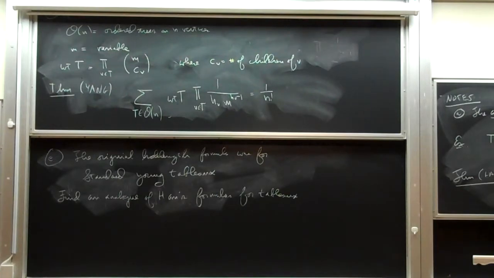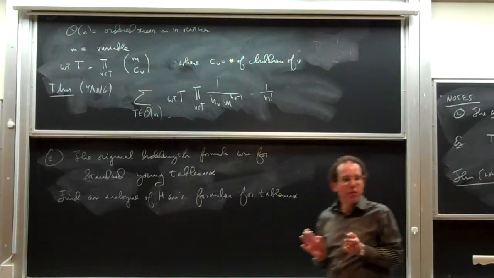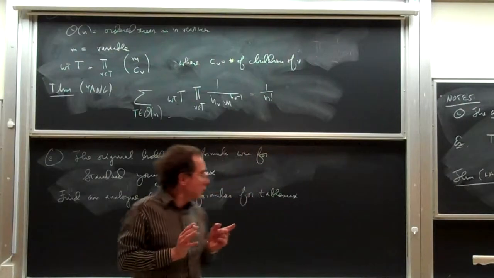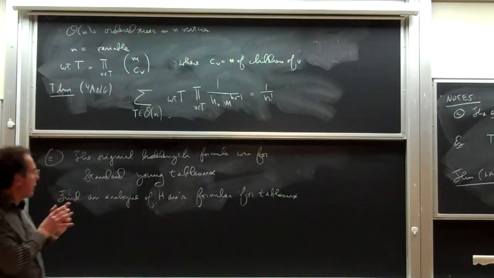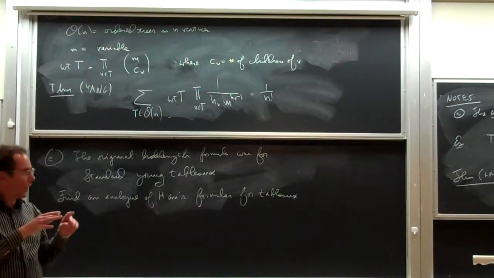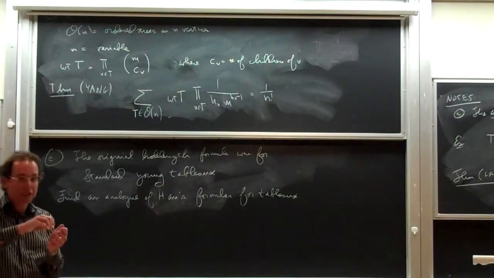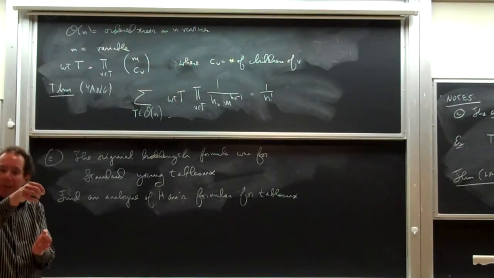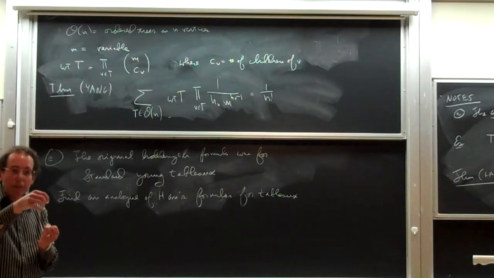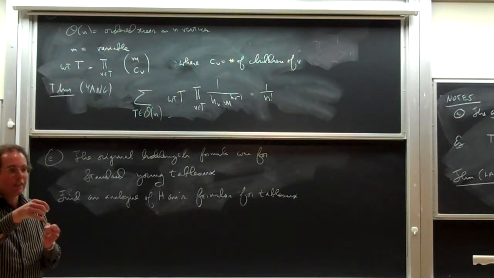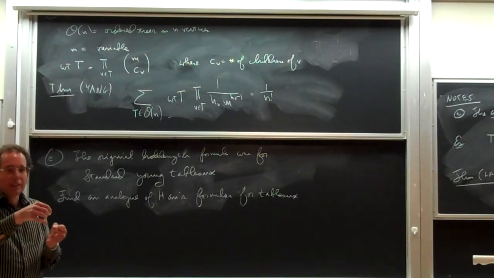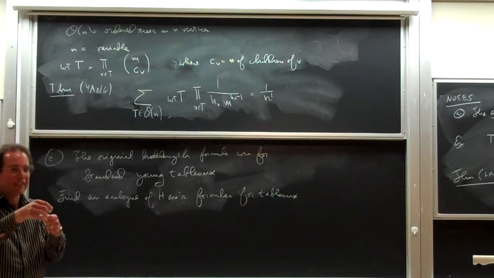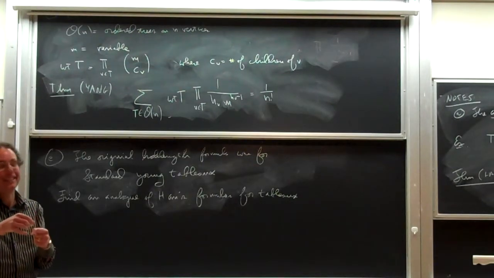That was a new and strange and different thing for these formulas. So what I would like is an analog of Han's formulas for tableaux. So you're going to have the hook lengths, and then you're going to have some exponentials that also depend upon the hook lengths, and they should sum up to 1 over n factorial. And I'll be boogered, pardon my French, if I can find such a formula.